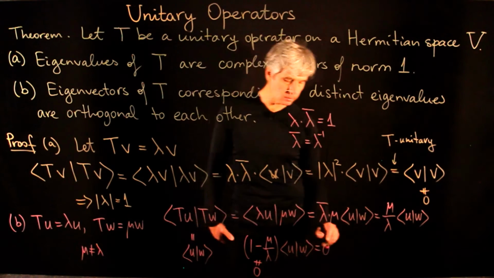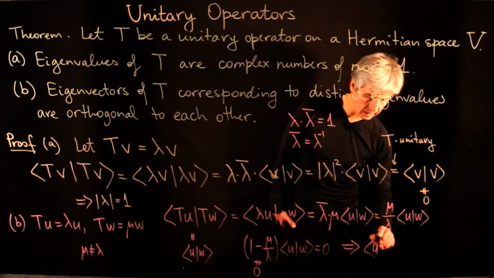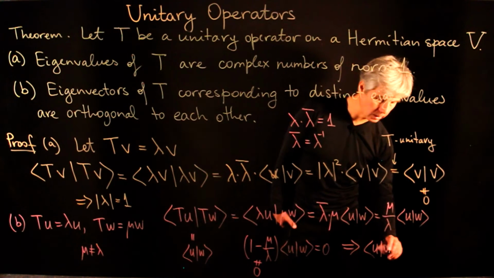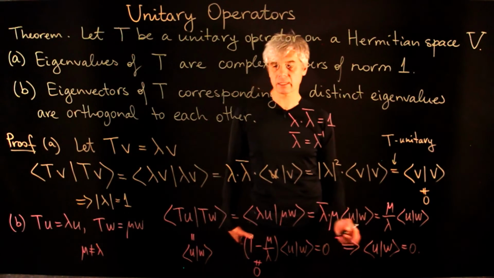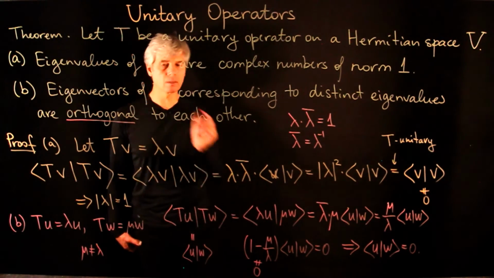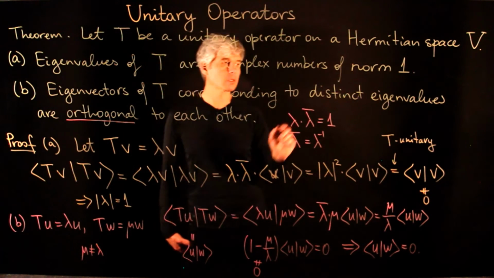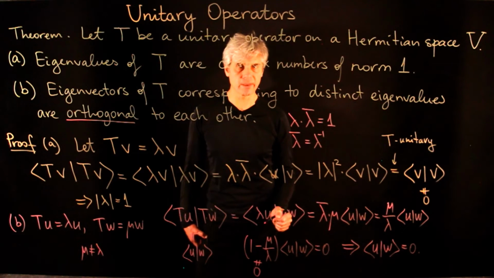And if this factor is non-zero, this tells us that the second factor, (u, w), must be zero. And this tells us exactly that eigenvectors corresponding to distinct eigenvalues are orthogonal to each other.